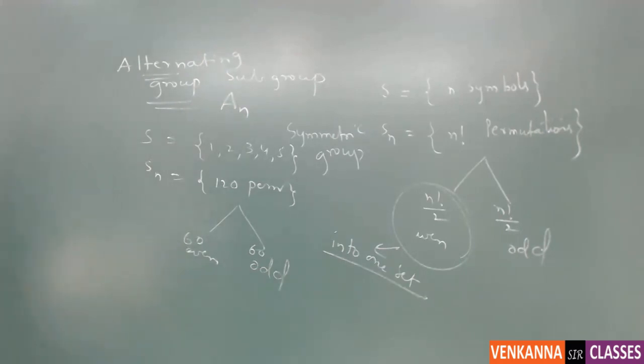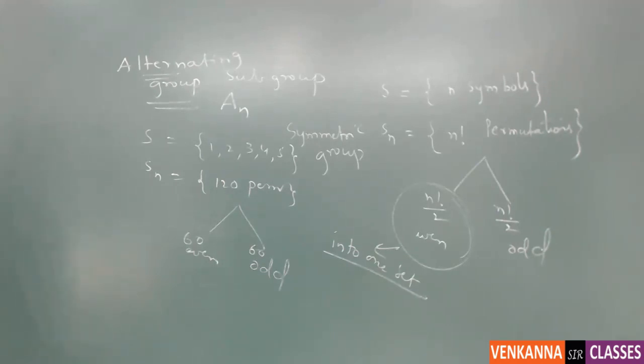In the whole set of permutations, you separate all the even permutations into one set, and it becomes a subgroup of Sn.